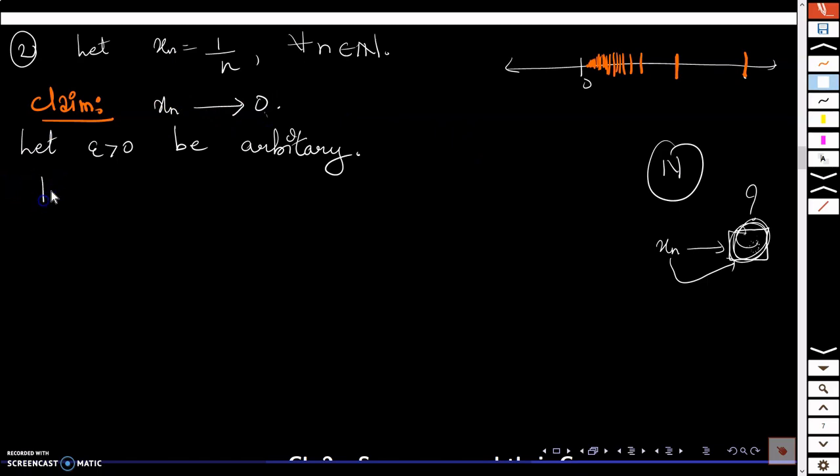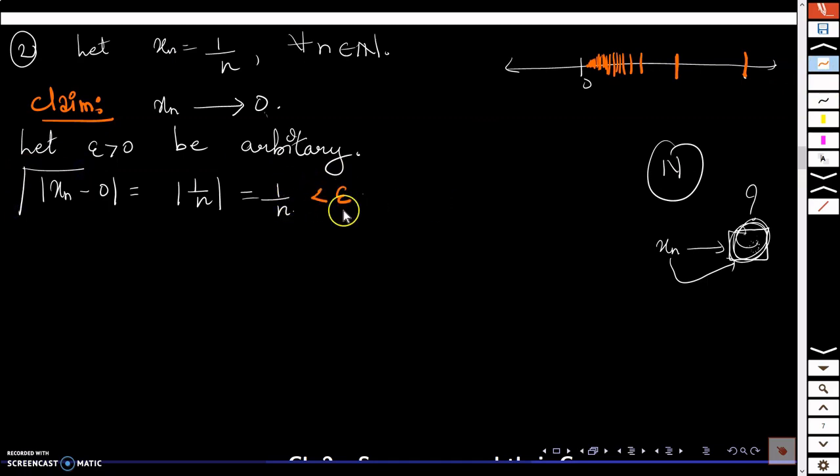So I have to estimate this difference xn minus 0. But what is xn? That's 1 by n, minus 0 is 1 by n, so that is 1 by n. Now I have to show that this is less than epsilon. So this is, you can say, my rough work. I have to show that this is less than epsilon.